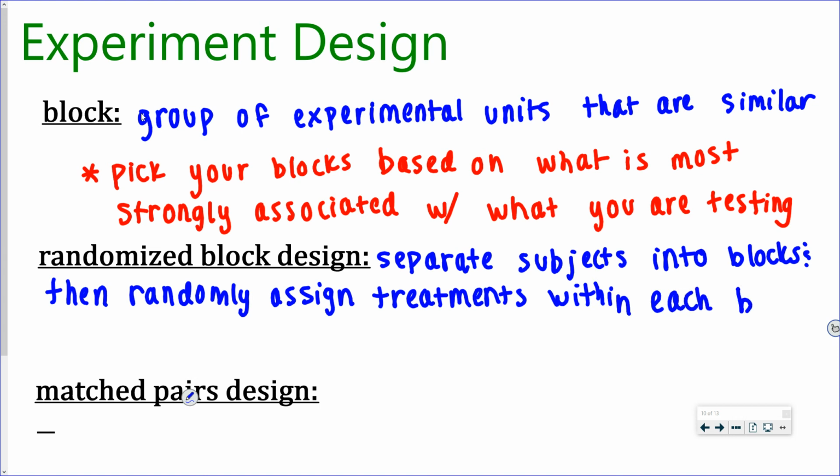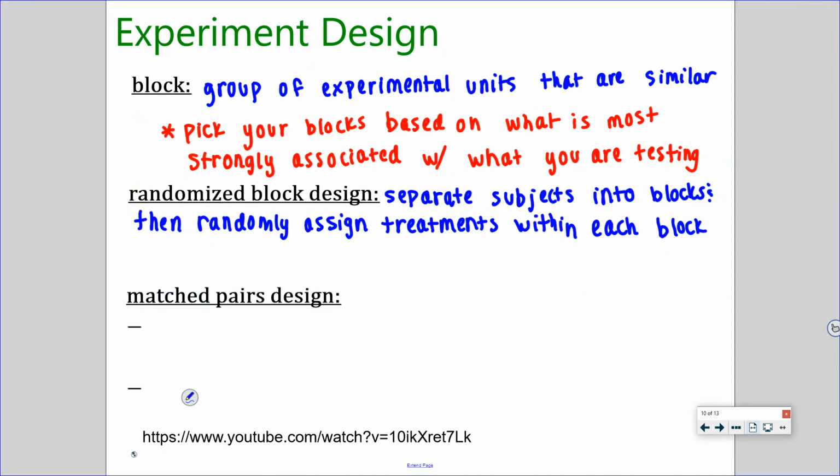So that's a type of block design. Obviously, you have the word randomized in there. We just talked about what that means.